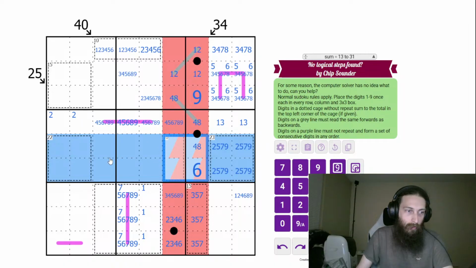Column 6, 7, cross row 5 and 6. Okay, so we know that that gets removed. And both add to 10.